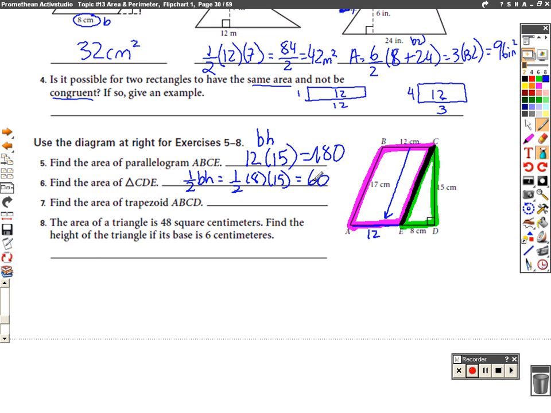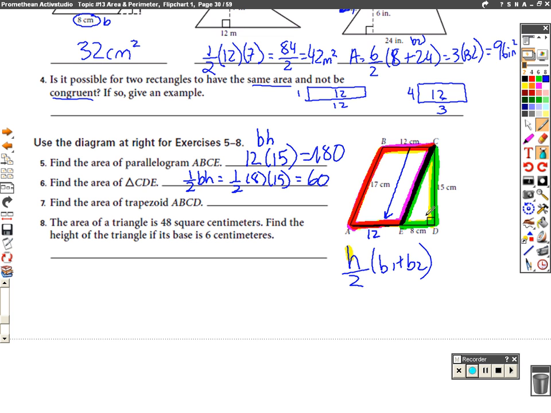All right, area of the trapezoid, ABCD. So now I believe we are looking at the whole thing, A, B, C, D, this trapezoid. So we've got our crazy formula, h over 2 times b1 plus b2.